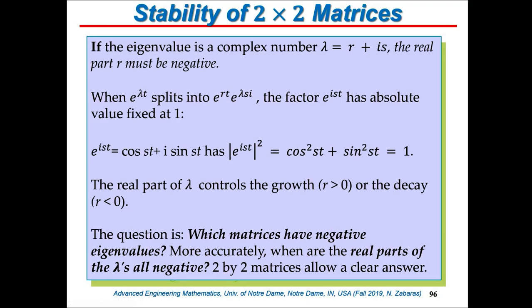We're summarizing this in the slide to follow. So for 2 by 2 matrices, we can easily discuss if the matrix is stable and if the solution of du over dt equals Au decays to 0 as t goes to infinity.